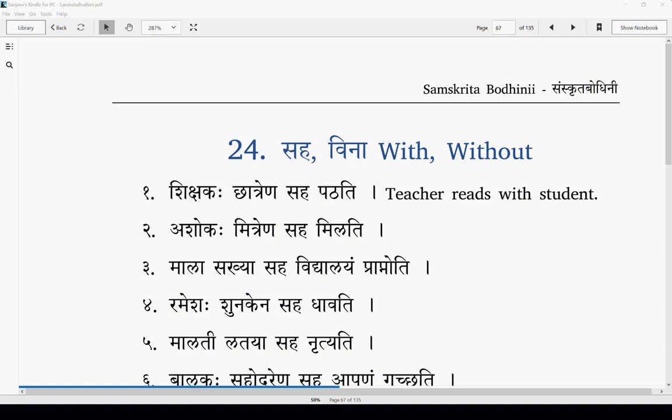So here Sakhya and Shunakena are in Tritiya Vibhakti, but they are not instruments. In the previous examples, Tritiya Vibhakti was used in the role of an instrument, but here these are not instruments. They are also performing the action. Ramesha Shunakena Saha Dhavati means the dog is also running.